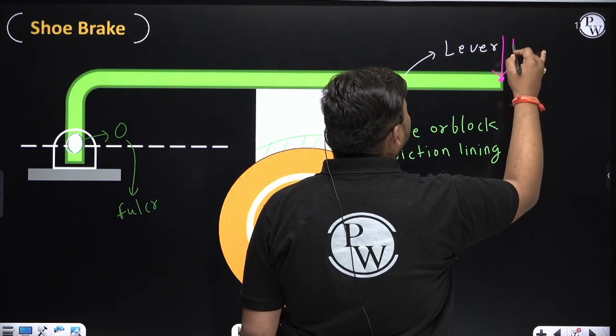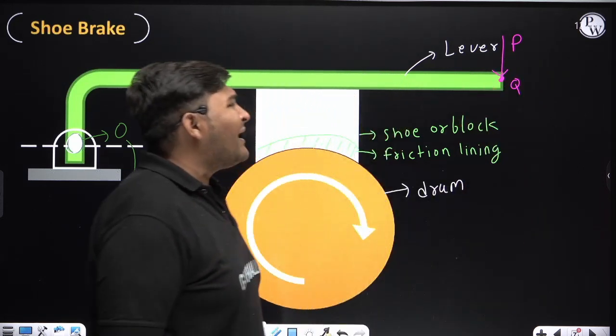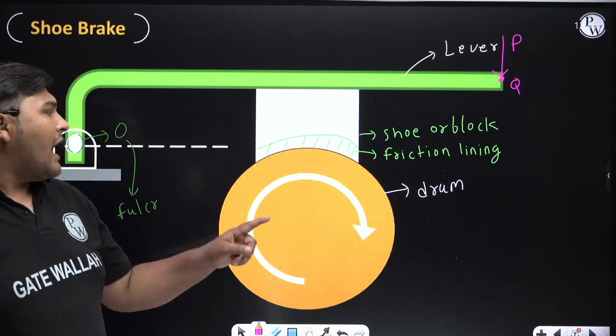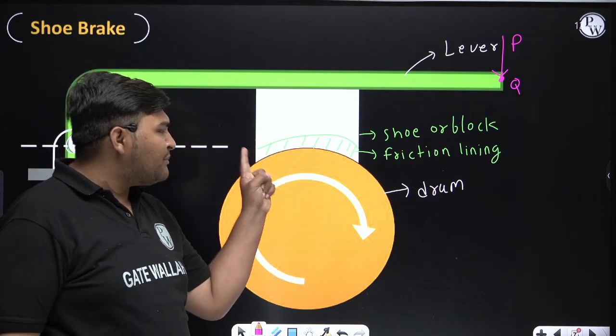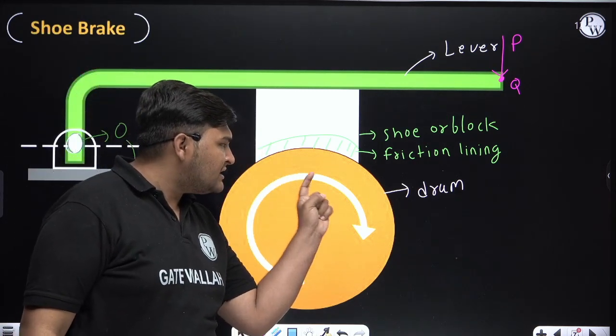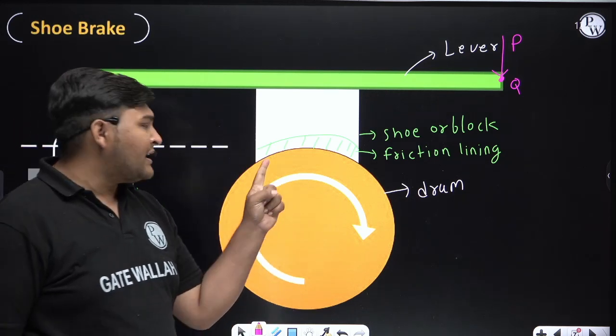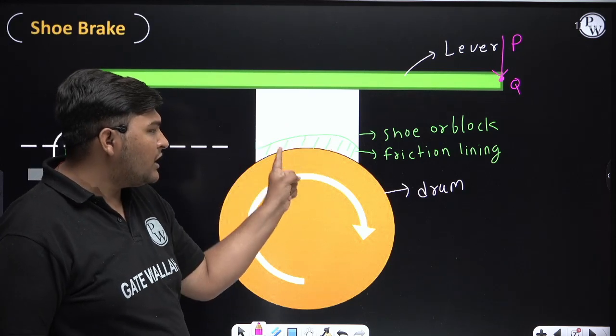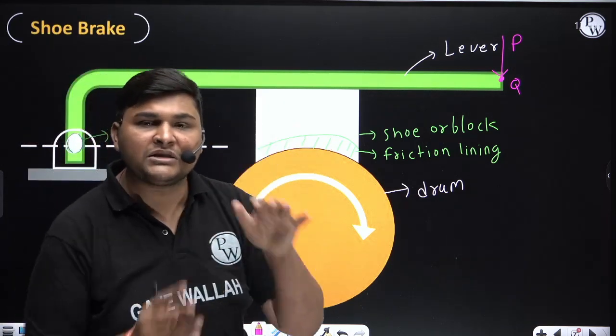I am denoting braking effort as P. But why am I applying braking effort in the vertically downward direction? Ultimately our objective is to apply braking action on this drum. To get braking action, we need to connect this shoe or friction lining with the drum in a pressurized condition.